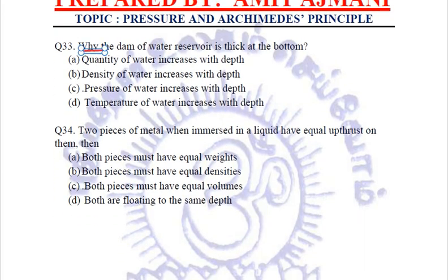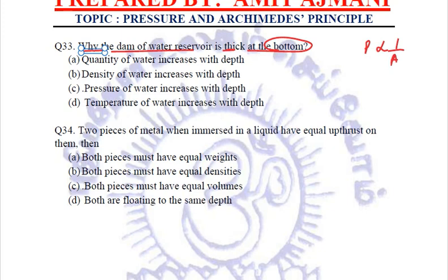Why is the dam of a water reservoir thick at the bottom? This we have already studied in the everyday observations related to pressure. And if you remember, we applied the same concept there, that pressure is inversely proportional to area.